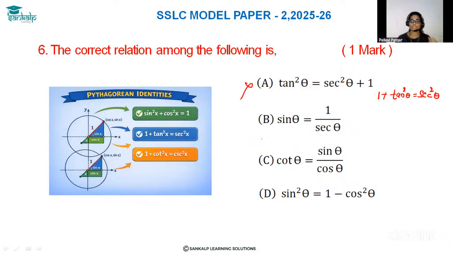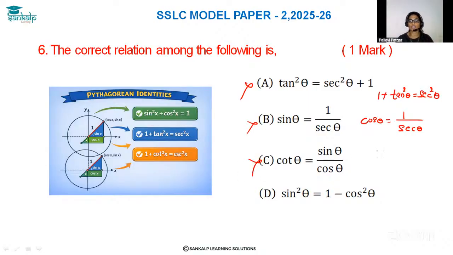Option B is also an incorrect answer, because sin theta is equal to 1 by secant theta is incorrect. The correct identity is cos theta is equal to the reciprocal of secant theta. C: cot theta is equal to sin theta by cos theta. This is also an incorrect answer.